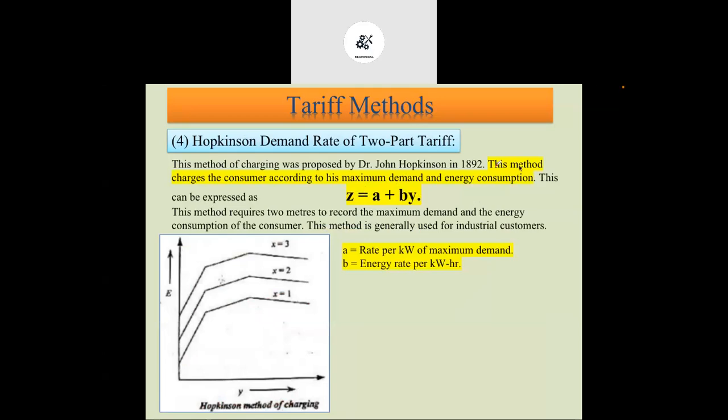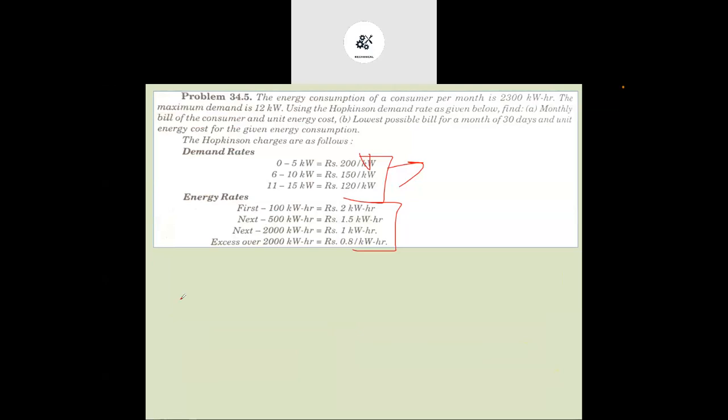Z, the total energy cost, is equal to AX plus BY, where A is the rate per kilowatt of maximum demand and X is the maximum demand, plus BY, where B is the energy rate per kilowatt hour, or energy rate per unit, and Y is the total units consumed by the consumer.